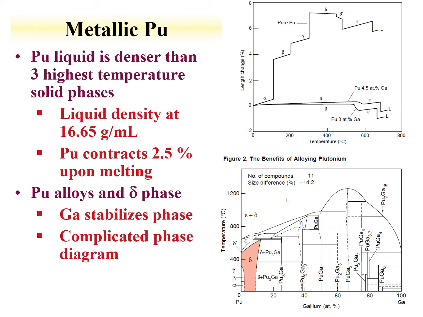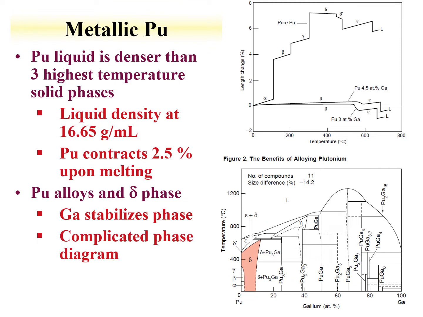And as an example, the phases that we see here are a relatively narrow band of the plutonium-gallium phase diagram. We see that the alloy only occupies a relatively small area of this phase diagram, where we have fundamentally 11 different compounds that can be formed between plutonium and gallium.